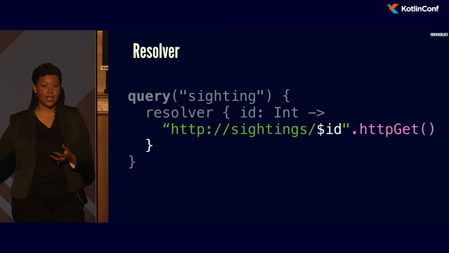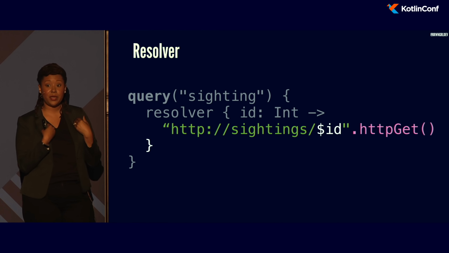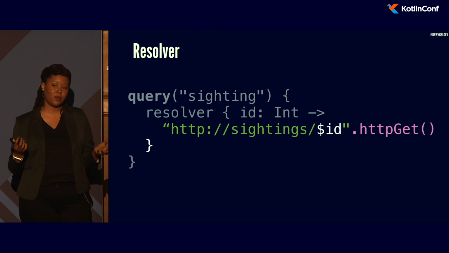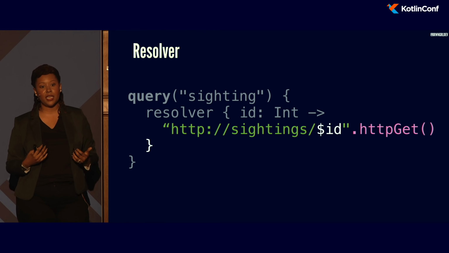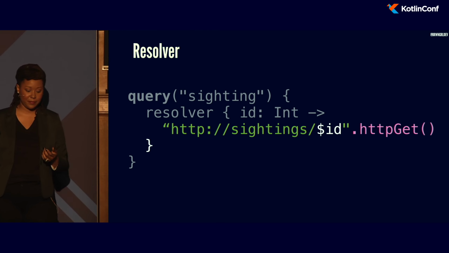I could just make an HTTP request, same thing, get back some UFO sighting, and then pass it on. So in my opinion, this is one of the really cool things about GraphQL: it doesn't matter where your data is. The client has no idea. They just know if I'm going to give you this ID, then I'm going to get back this UFO sighting record according to the contract or the schema that was specified.